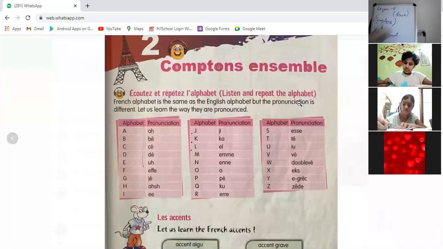And what is the next word? Next word is ensemble. What does ensemble mean? Ensemble means together. So, let us count together.